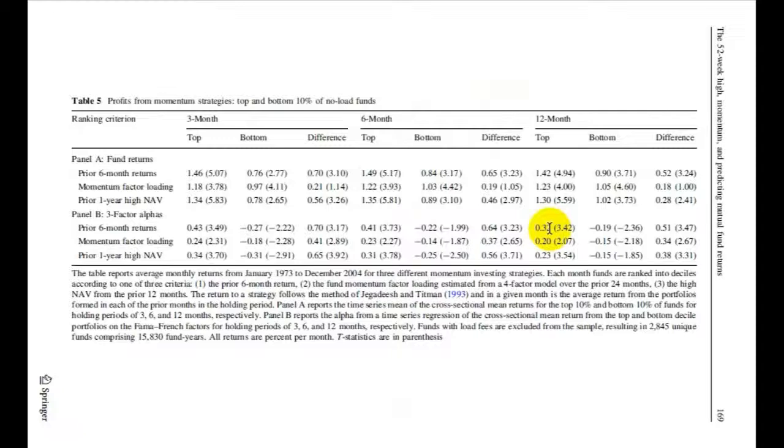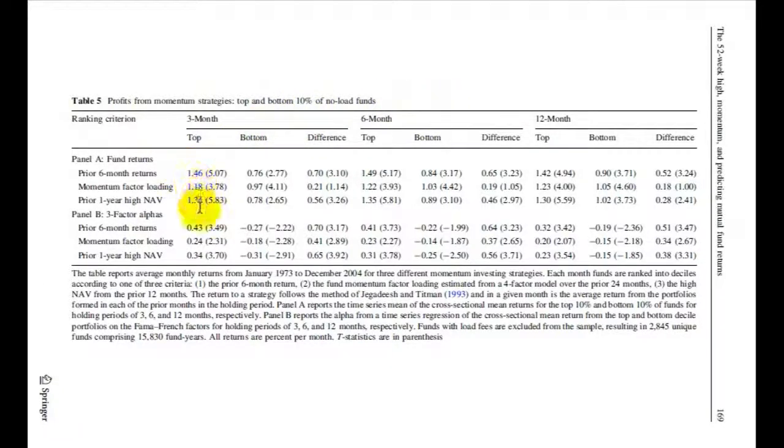Okay, since we found that in order to implement these strategies, we would need to rebalance every 6 to 24 months or so, to make that a practical possibility, we would have to reduce fees, and to do that, we would want to invest in no-load funds. So the authors here have isolated the effects of each of these strategies on no-load funds only, and that's here at Table 5, the results of using the top and bottom 10% strategy.